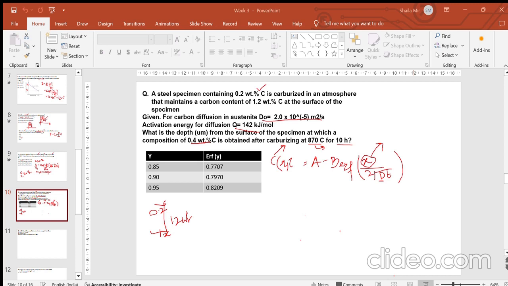Ma'am, I converted the 10 hours into 36,000 seconds, and 6.47 times 10 raised to minus 12, root of that into 2, then that multiplied by 0.90. 0.0142, or maybe I made some mistake in the calculation. I am not really sure, but the answer is around 872 micrometers. You can cross check it.